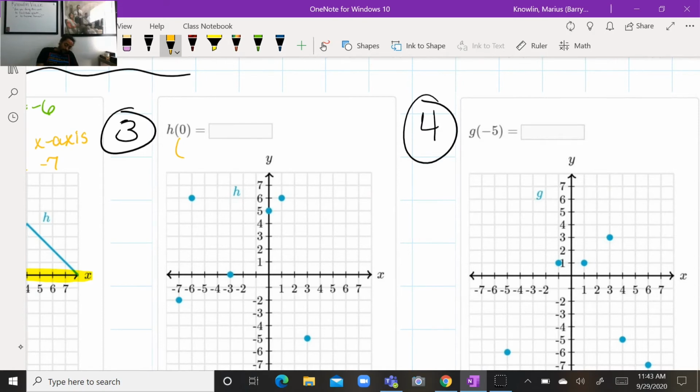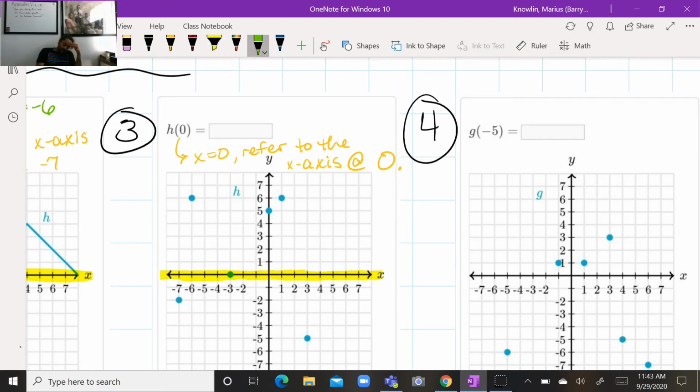Once again, the number in parentheses tells us that x is equal to 0. So we need to refer to the x-axis at 0. So, once again, here's our x-axis.